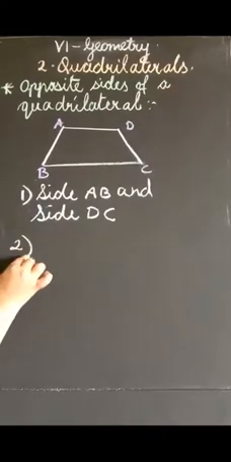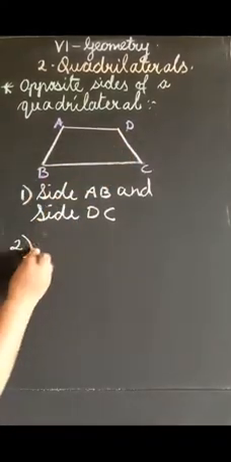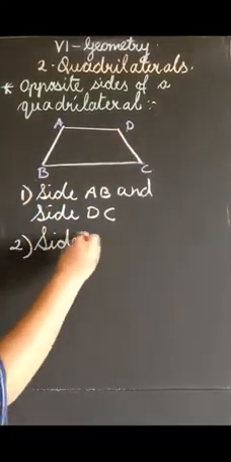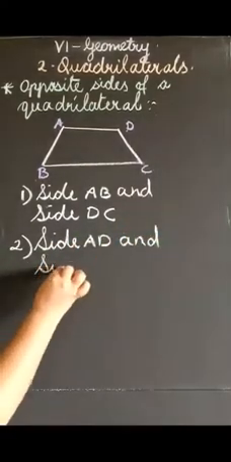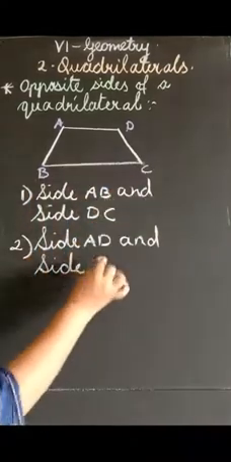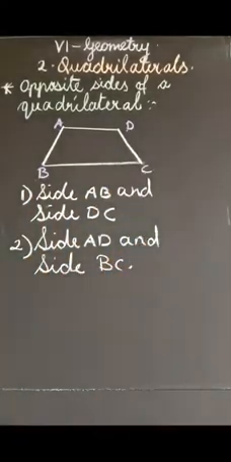Now second pair is side AD and side BC. Okay, so these are the 2 pairs of opposite sides of quadrilateral. Always remember, opposite sides of quadrilateral do not have common vertex.